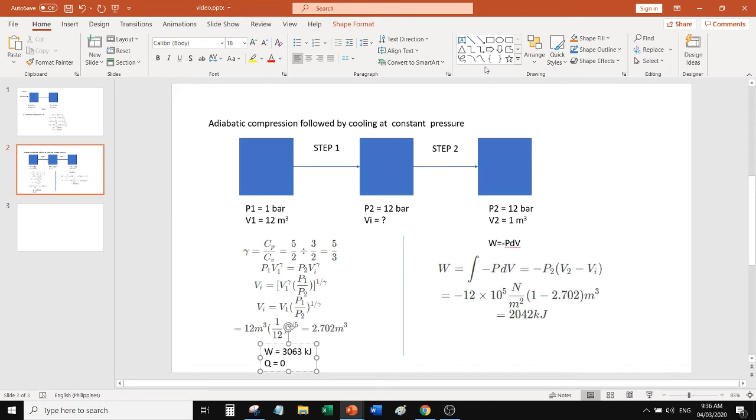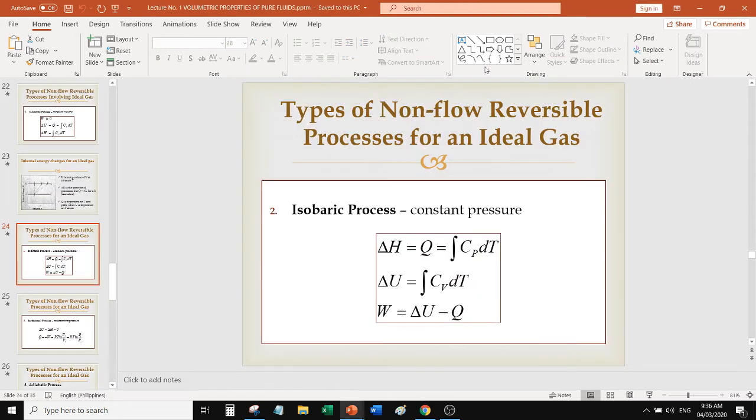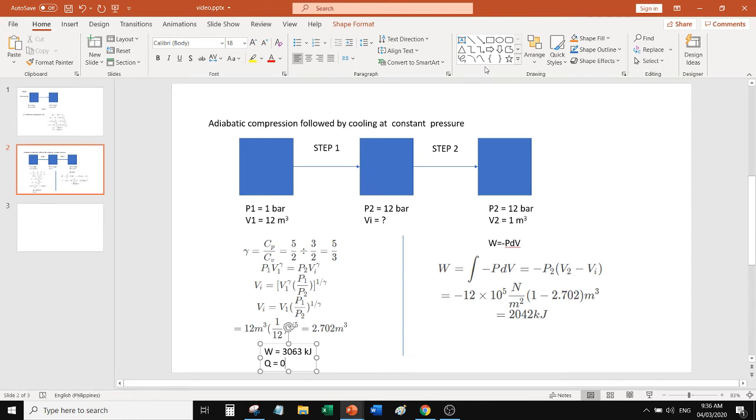Okay, so let's just leave it as is. There might be an intermediate temperature here, so we are not sure with that, but we know that T1 is equal to T2.